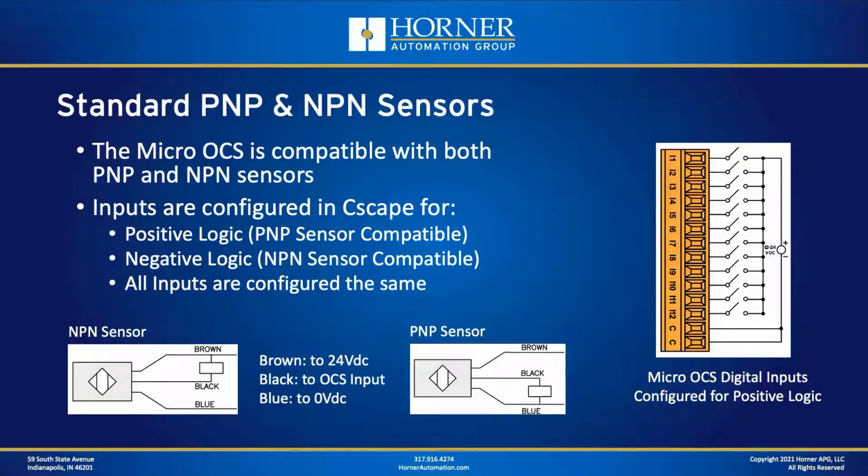Same thing on the NPN from a color code standpoint. The only difference is, as you can see, with NPN, the load, in this case the OCS digital input, is between the signal and positive as opposed to between the signal and ground or 0 volts. So those are standard PNP and NPN sensors.